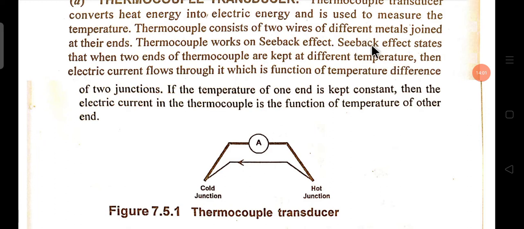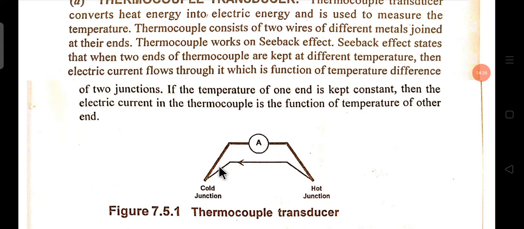The Seebeck effect is that whenever we place the two ends of the transducer into two different temperature junctions, let's say one end is at the cold junction, where the temperature is low, and another terminal of this transducer is connected to the hot junction, where the temperature is high, then a current flows through the transducer.